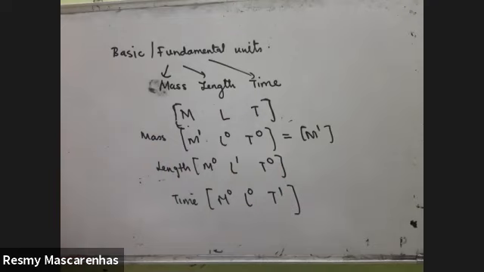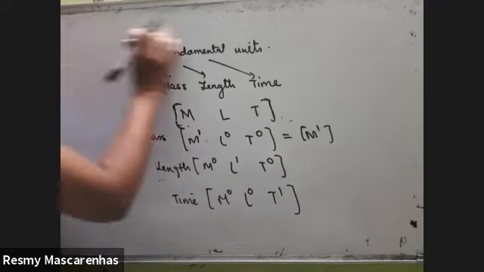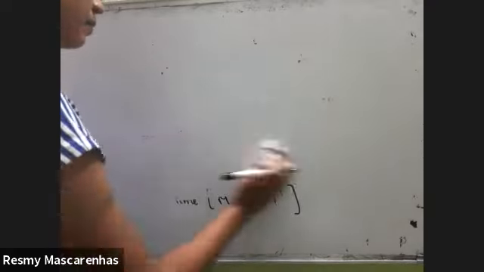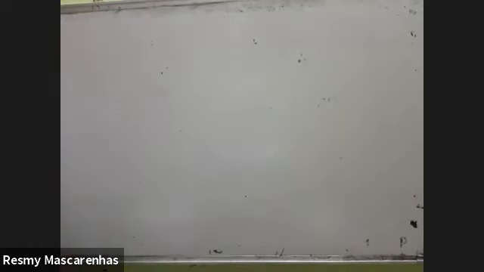So area will be length into length, and volume, we saw, is length into length into length, and accordingly the powers changed. So we'll continue with more formulae today. Total around 27 are there. So continue in those columns only. We have made some columns. This side was the serial number.